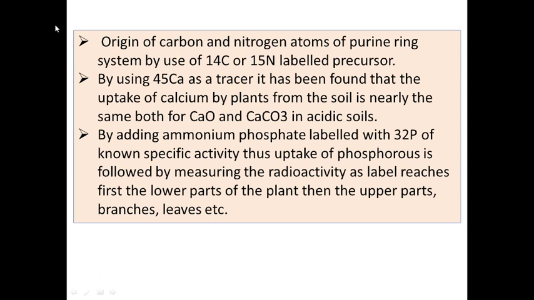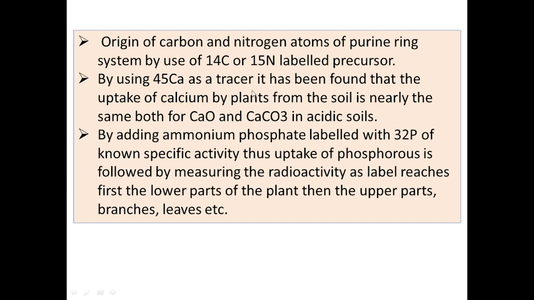After that, origin of carbon and nitrogen atoms of the purine ring system by use of 14 carbon and 15 nitrogen labeled precursors. So 14 carbon and 15 nitrogen labeled precursors are used, and the origin of carbon and nitrogen atoms of the purine system is determined. Another study is done by using 45Ca as a tracer.